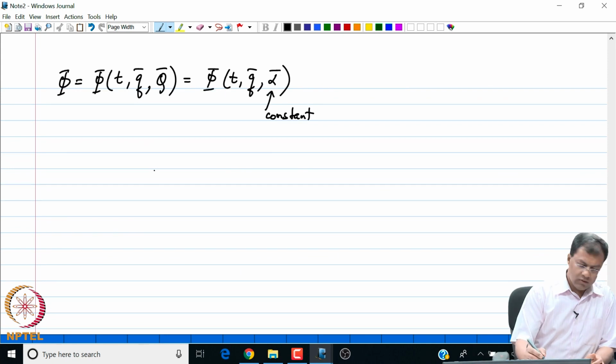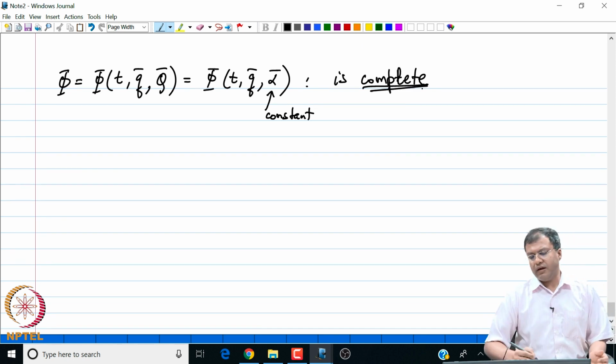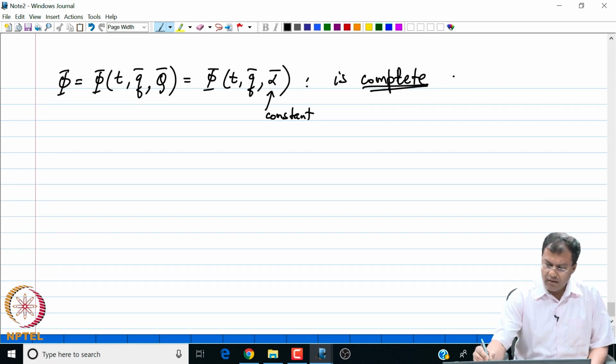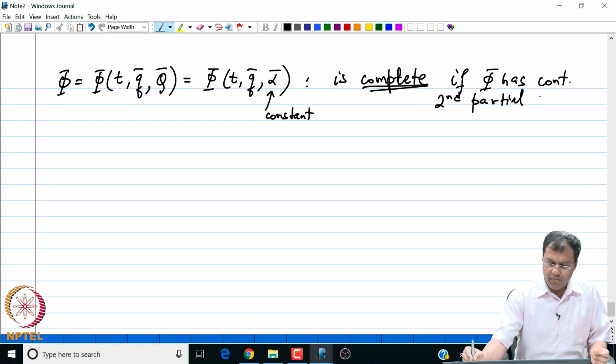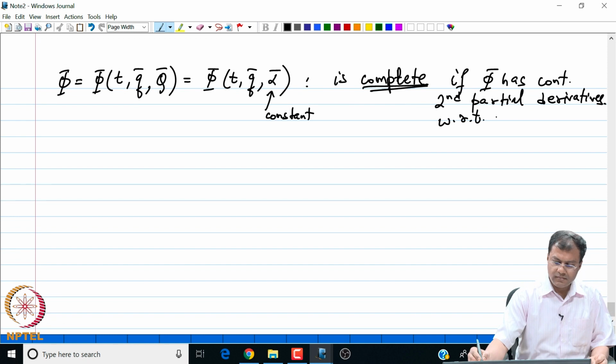So suppose this is complete. The definition of complete has to do with the necessary existence of derivatives. So we see that this generating function is complete if phi has continuous second partial derivatives with respect to its variables, with respect to the variables q_k, alpha_k.